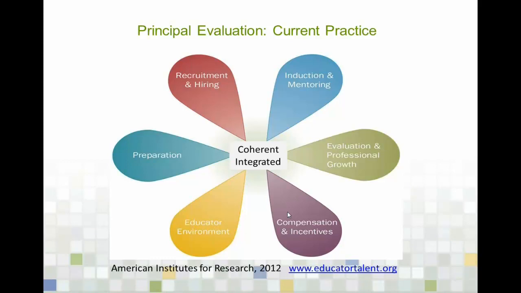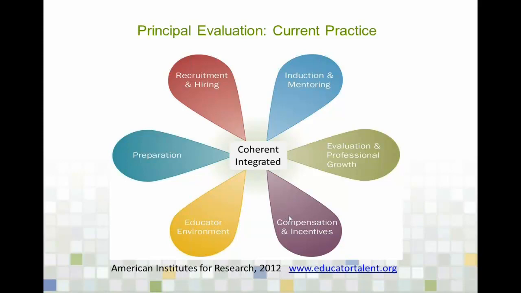So if you think most comprehensively about the messages that principals are receiving, they receive them through these 6 different functions. First, they're prepared through pre-service education and other programs. They're recruited and hired through HR processes. There's sometimes, but not very often, an induction and mentoring period for principals as they're moving into the profession.